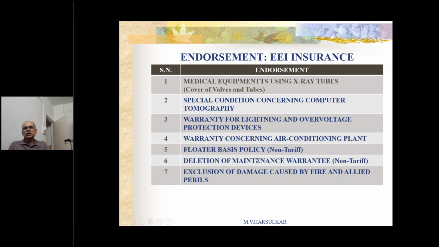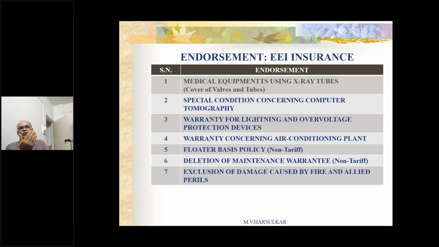Then deletion of machine maintenance warranty. They allowed deletion of maintenance warranty. In this electronic equipment policy, there is a maintenance warranty. There has to be an AMC with someone expert in that field to have preventive maintenance, and they have given what should be there in the maintenance. But this is waived. There is a provision in the tariff.